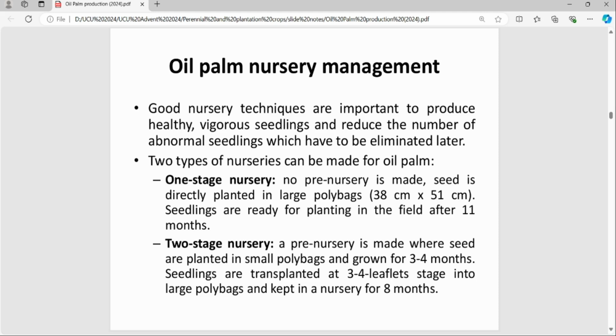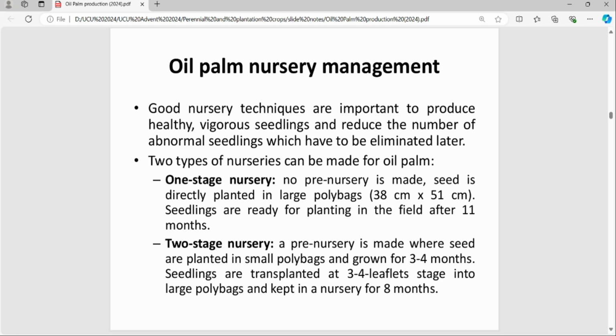So straight away, one plants the seeds in large poly bags, which are about 38 centimeters to 51 centimeters. And with this capacity, one can raise a seedling to about 11 months without having to transplant it or to change it into another polythene bag.